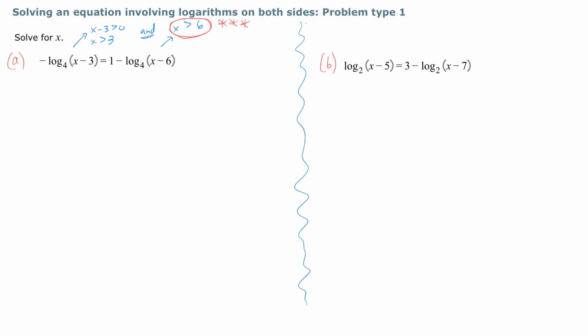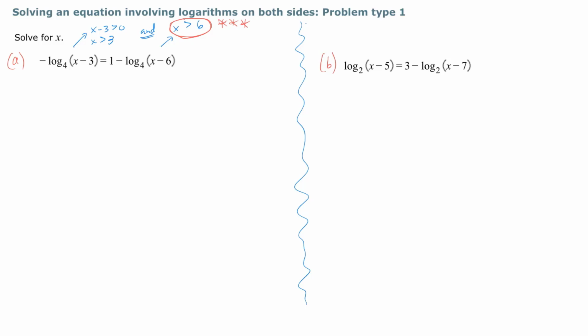All right. So typically when we're solving equations, we would like to isolate the variable or isolate a function by itself. In order to do that, let's try to group these log functions together somehow. And maybe we could get a single log function on one side of the equation.